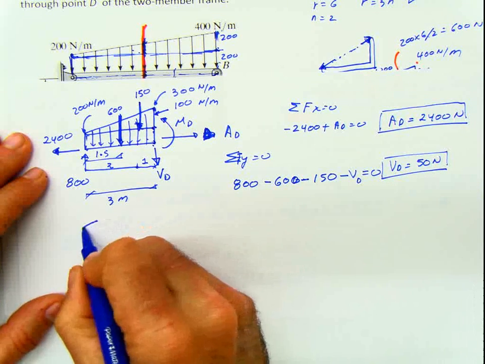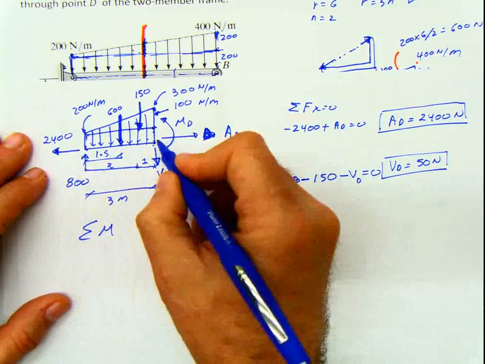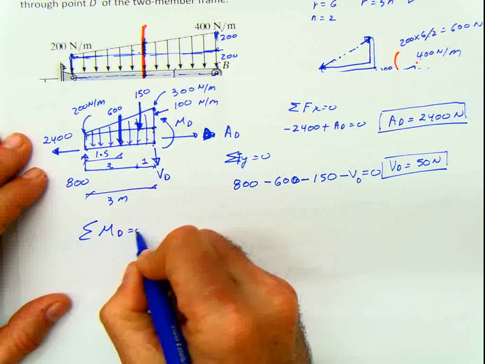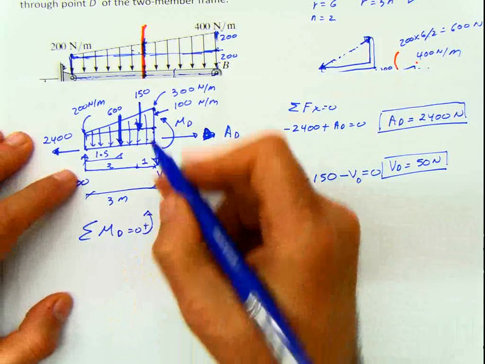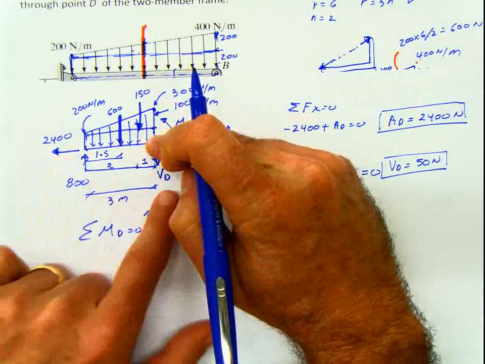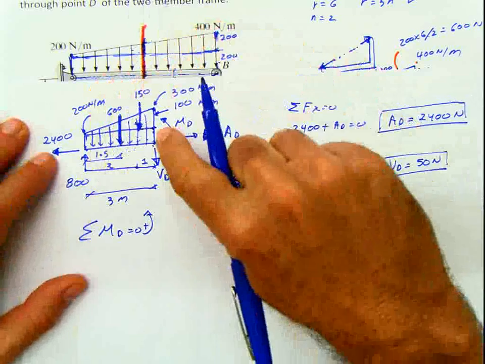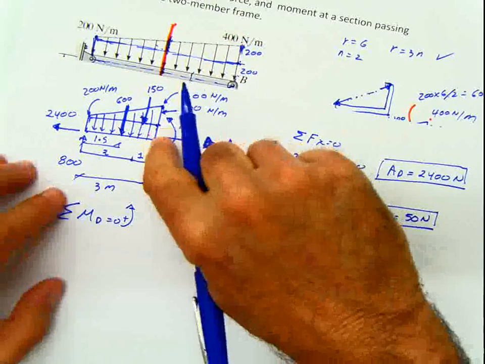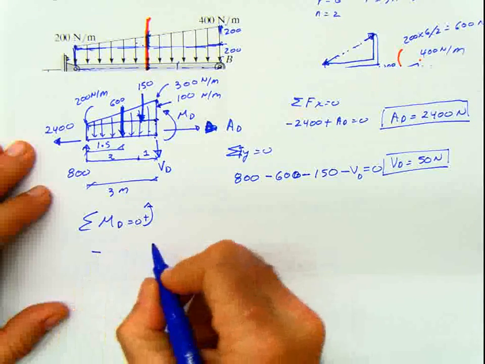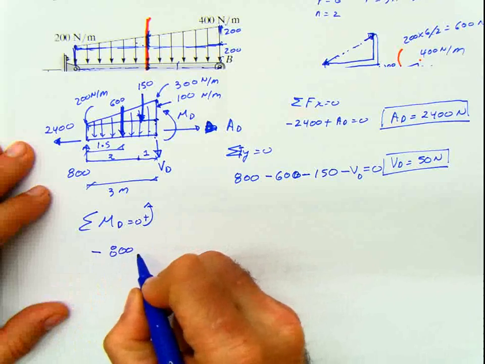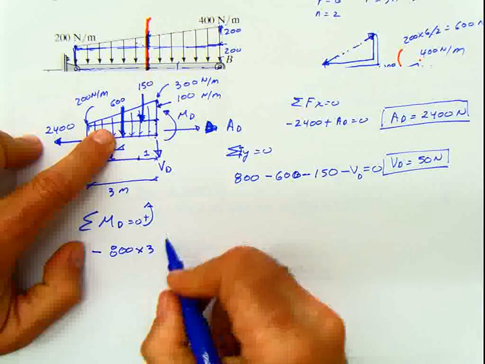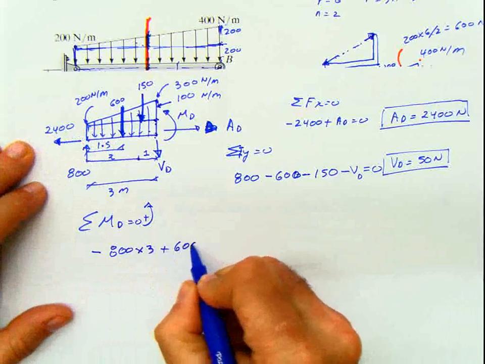And then we do summation of moments, and you can do here or here. It's easier, usually do it in this side where the internal moment is. Summation of moments at D equals 0. If I do summation of moments here equals 0, I have this 800 times 3, and it's going to be negative because remember I'm pushing in this direction and this is the pin, so it's rotating in this direction. So it's going to be negative 800 times 3, and then I have 600, which is going to be positive with respect to this point, plus 600 times the distance.